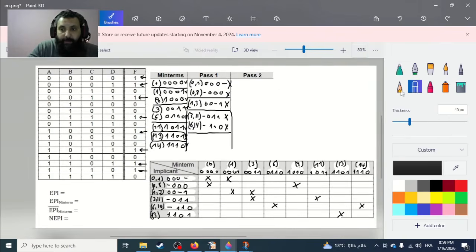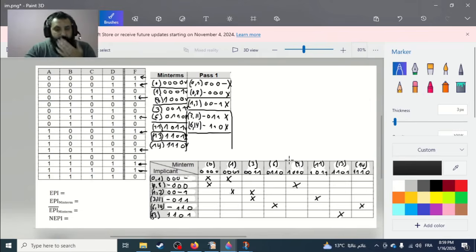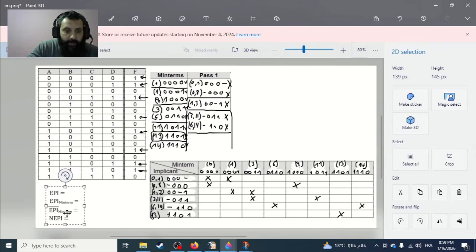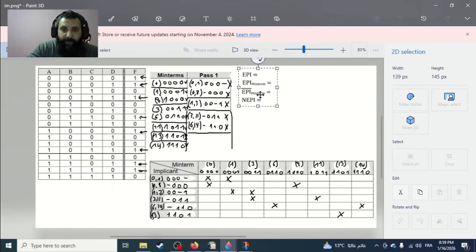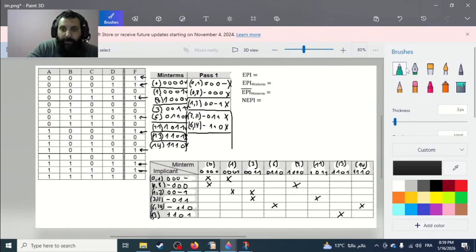Okay, now we have finished the covering of all min terms. The first step is trying to extract what we call the essential prime implicants.